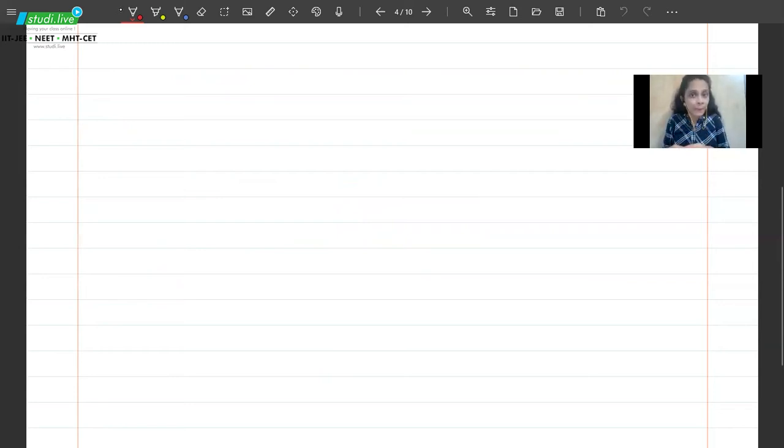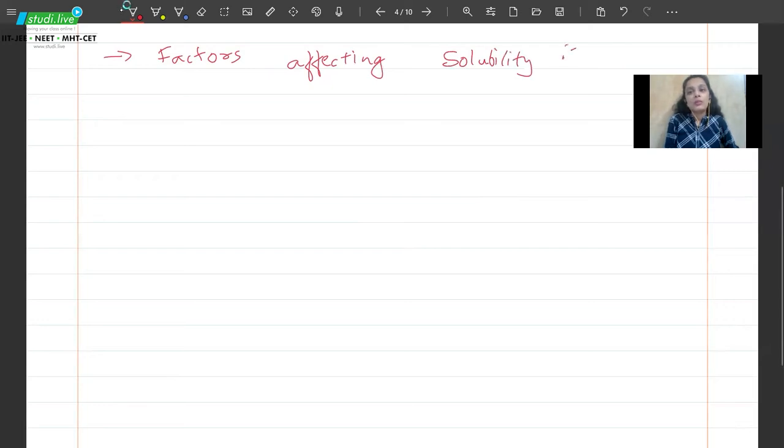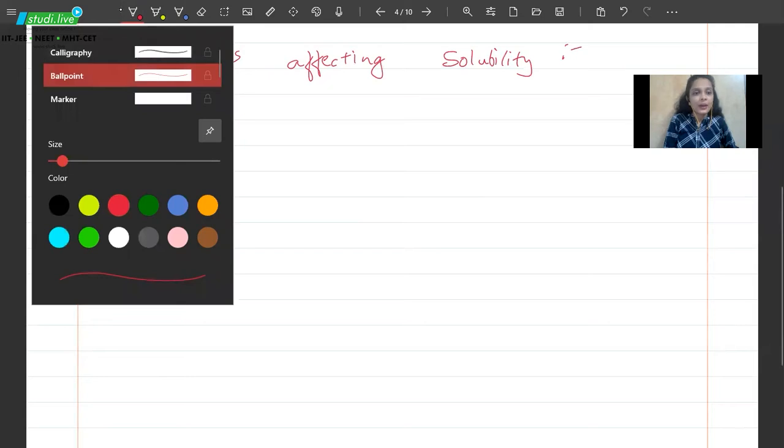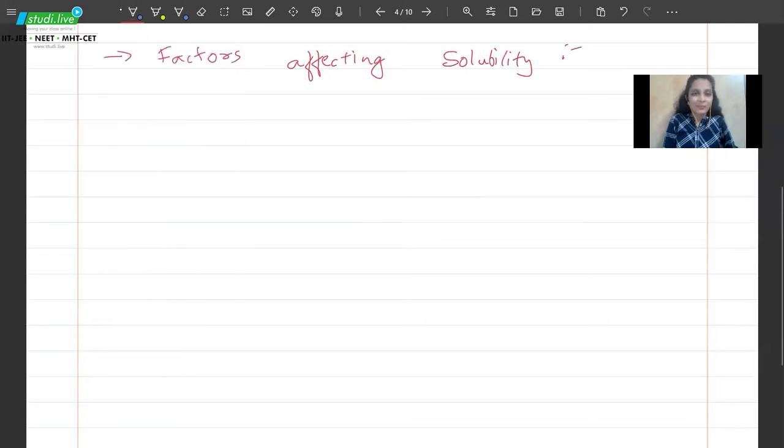Okay, so yes, you're absolutely right. We are discussing the factors affecting solubility. Yes, this is a very, very important part. So what are the factors that do affect the solubility? Let's try to understand them one by one.